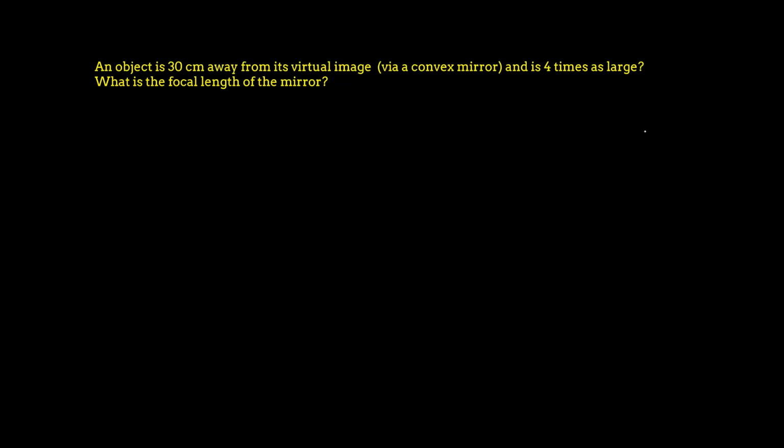All right, folks, this is the last problem. So we have an object that's 30 centimeters away from its virtual image. So here's the lens. Here's DO. And the distance to the image is DI. Now remember, DI is less than 0. So we cannot write, let's think about it. The distance between them is 30.